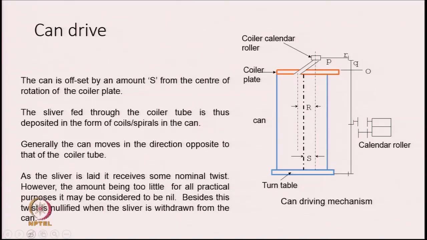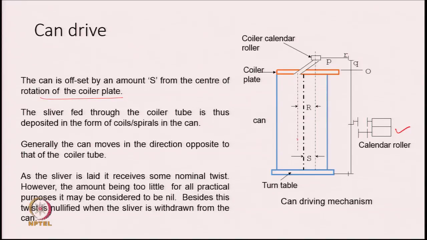The vertical blue lines indicate the can, which is basically a hollow cylinder, resting on a turntable at the bottom, and at the top we have a coiler plate, and then we have coiler calendar rollers. This side we have calendar rollers, and the drive is also shown in the diagram. The can is offset by an amount s from the center of rotation of the coiler plate.